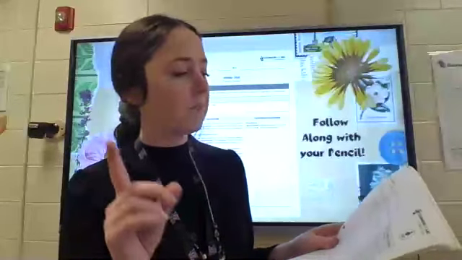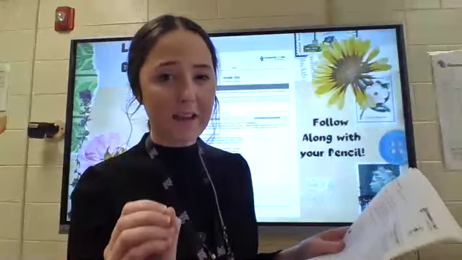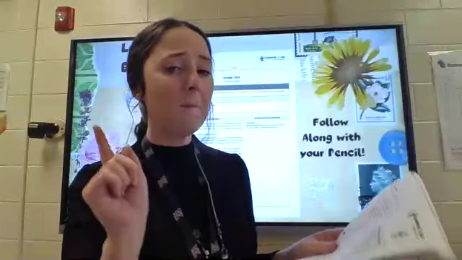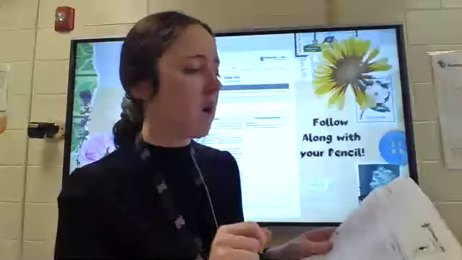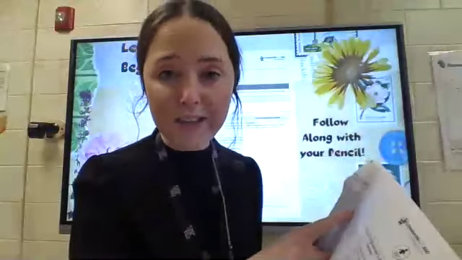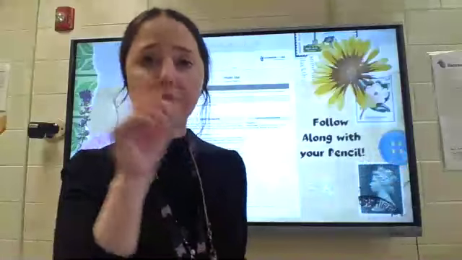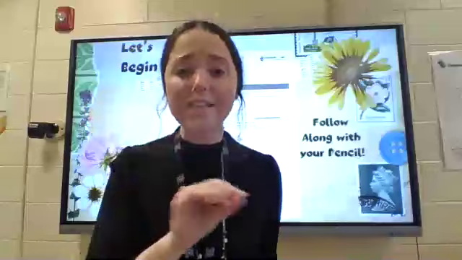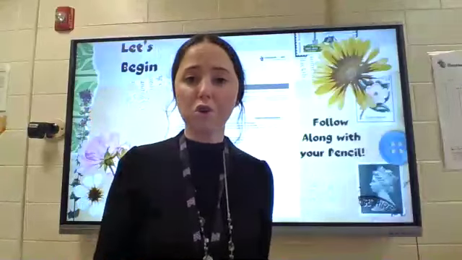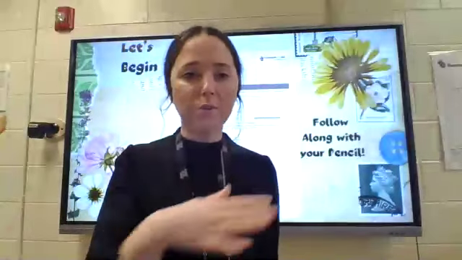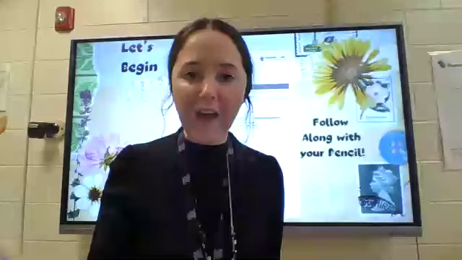Going on. These are the requirements in answering the question. Make sure your response is strong by starting with a claim that clearly answers all parts of the prompt. Remember, a claim is what you believe written as a statement. You don't start with I think, you don't start with I believe, you make it a fact.